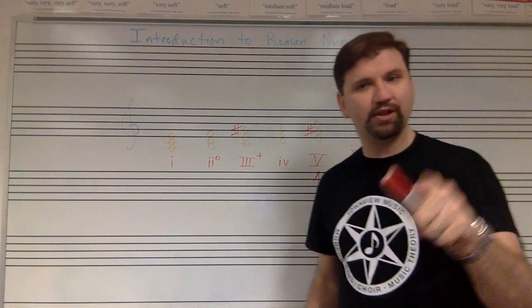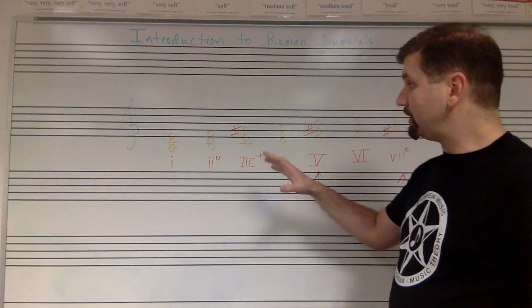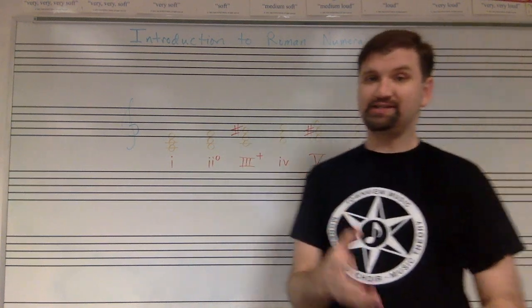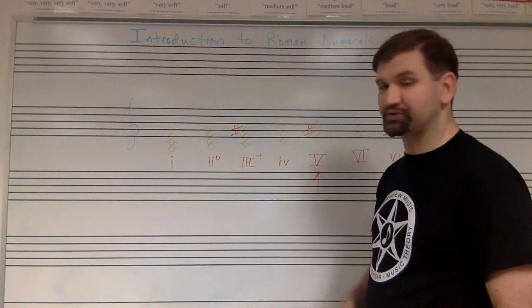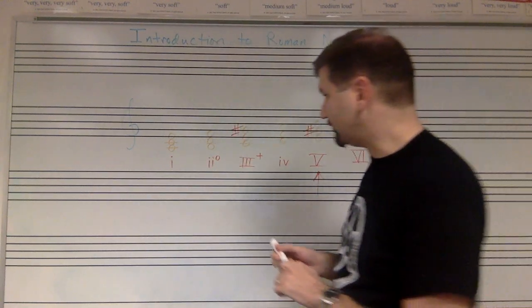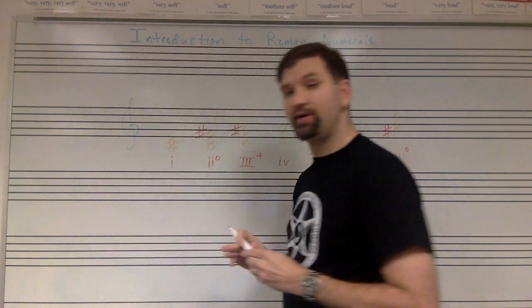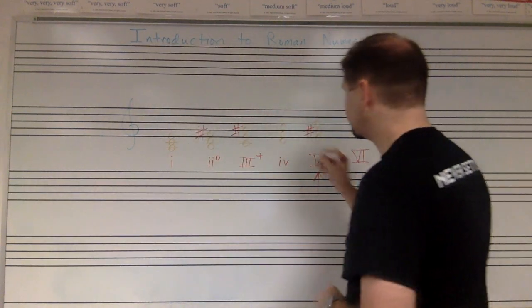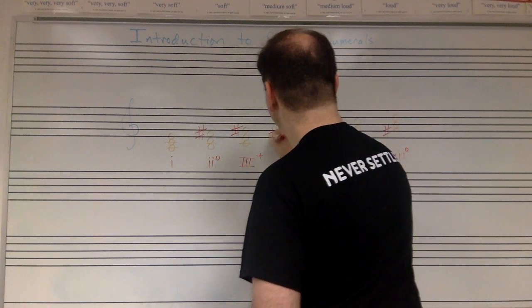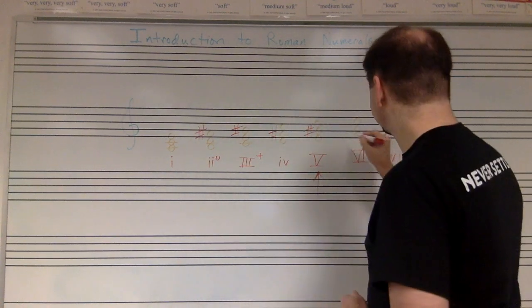But let's talk about melodic minor for a second. Melodic minor is going to keep that raised scale degree 7, but it's also going to raise scale degree 6. In this case, F natural to F sharp. So I'm going to find all of the F naturals and raise them to F sharp.